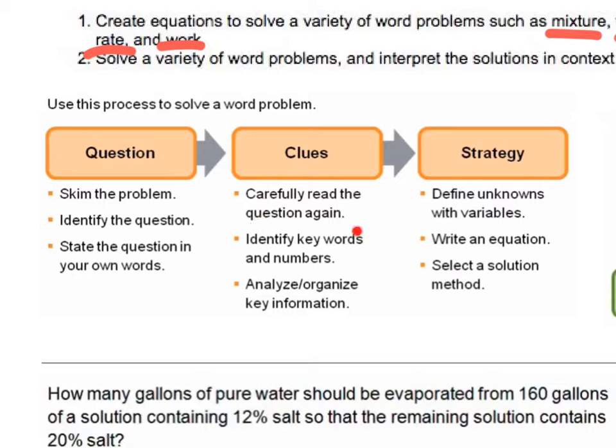Identify keywords and numbers, and find your clues. This is important, to find your clues, and we'll go over that. And then your strategy, or as I like to call it, strategery. Define your variables, write an equation, and select a solution method. You may want to read this a couple times.